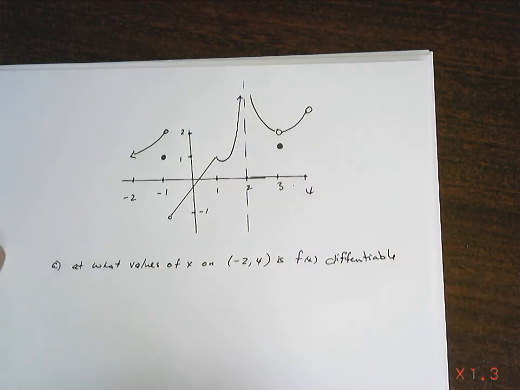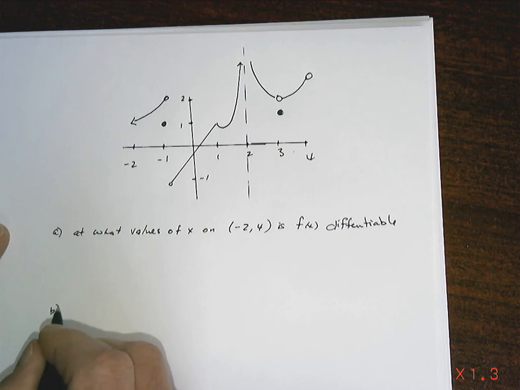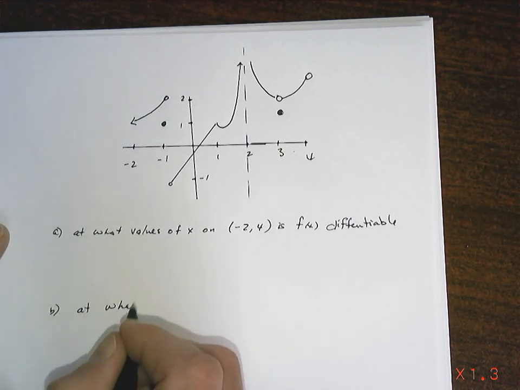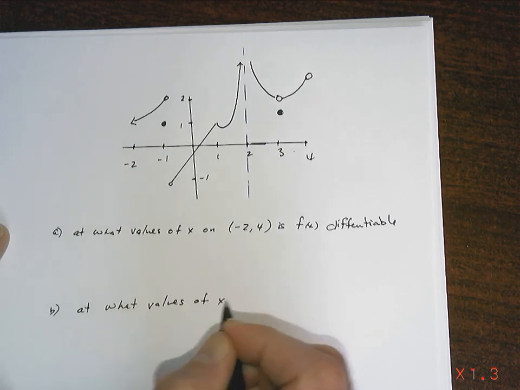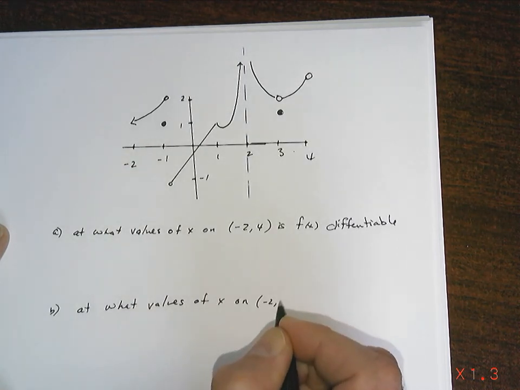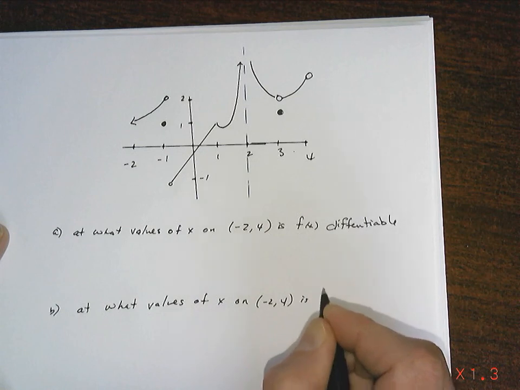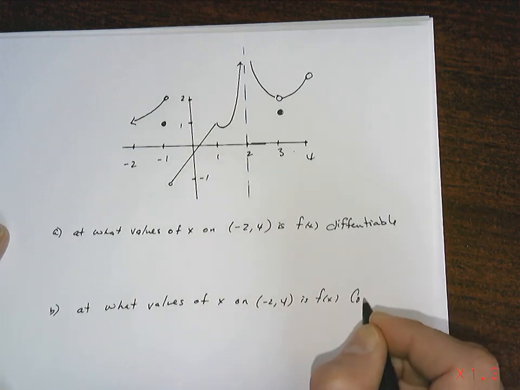And then I'm going to compare that to at what values of x on -2 to 4 is f of x continuous?